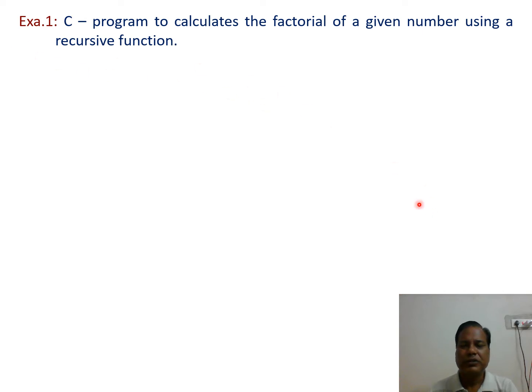Now let us discuss an example program. In this example program, a C program to calculate the factorial of a given number using a recursive function. So we will discuss a C program where the factorial of a number is found, and this factorial is found using the recursive function.